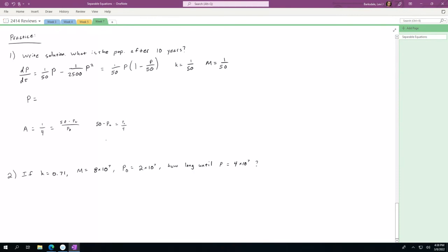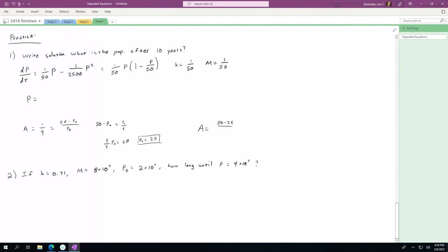So 5/4 P naught should equal 50, or in other words, P naught would equal 25. Okay, sorry. So our initial population was 25, which means that our A value is equal to 50 minus 25.